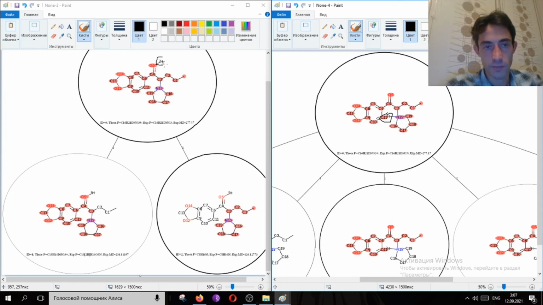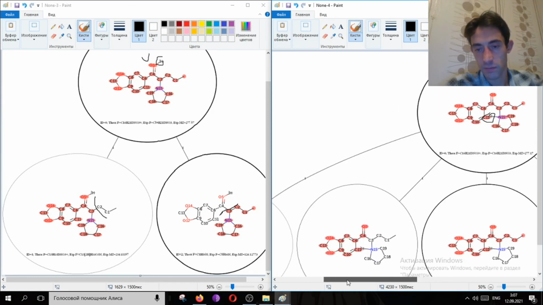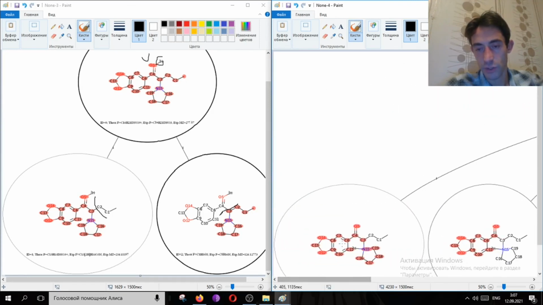If protonation and ionization occurs here on this side, then only such fragmentation pathways are possible. And here, if ionization occurs at nitrogen, then you can check which fragmentation pathways are possible.